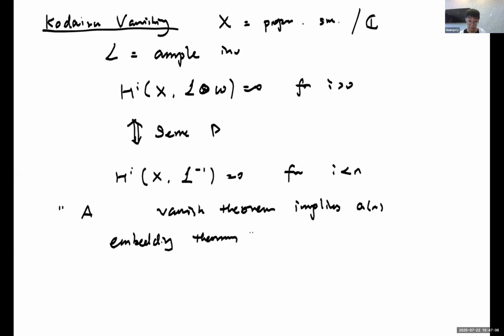What does this mean? Well, in this case, the Kodaira vanishing theorem is the key tool for the famous Kodaira embedding.